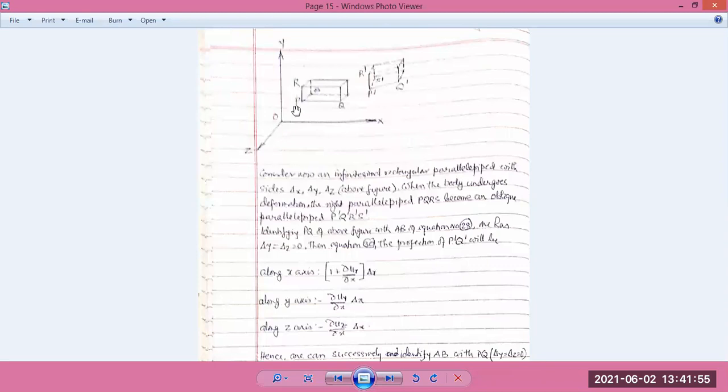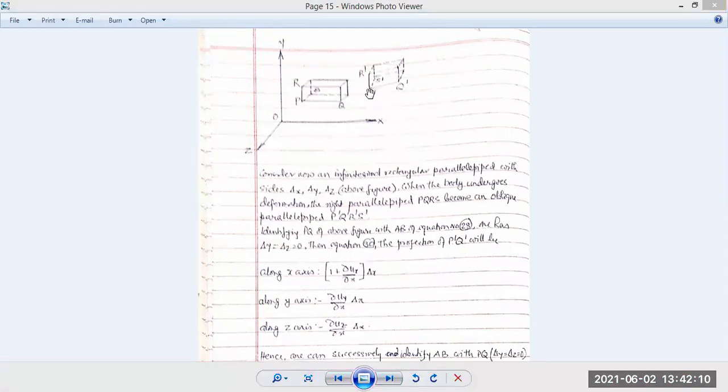Thus PQ has now changed to P dash Q dash. So for the change from here to here, the parallelepiped has changed, and the change in PQ will be only along P dash Q dash, and similarly for the others.